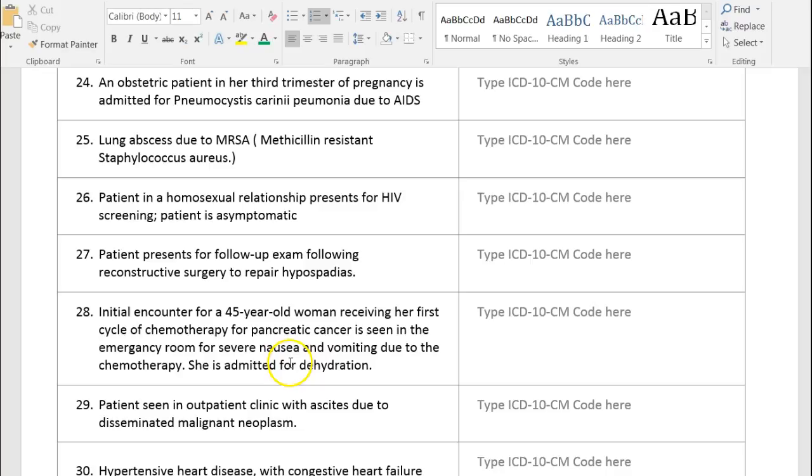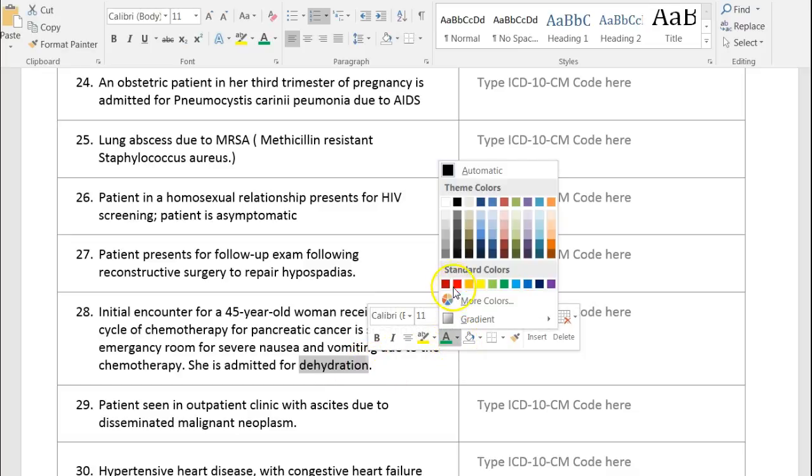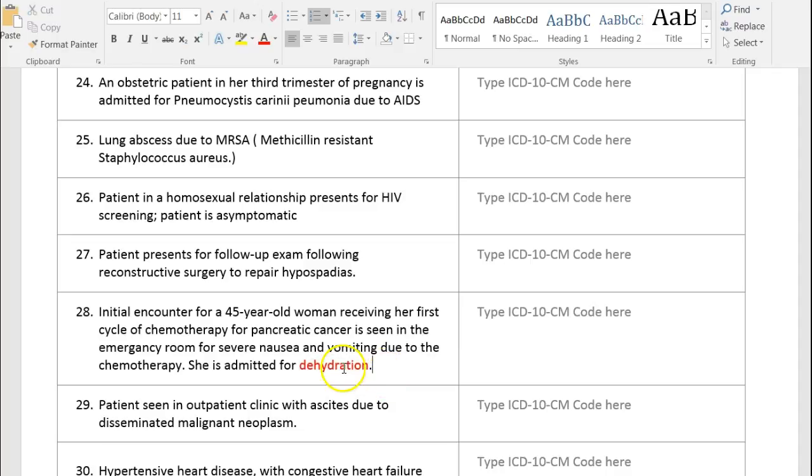So number 28, we have the main problem that the patient is admitted for. And then you're dealing with inpatient coding. The rule is to always code first the main reason that warrants or causes the admission. So she's admitted for dehydration, and this is a problem that's causing all of these other signs and symptoms.